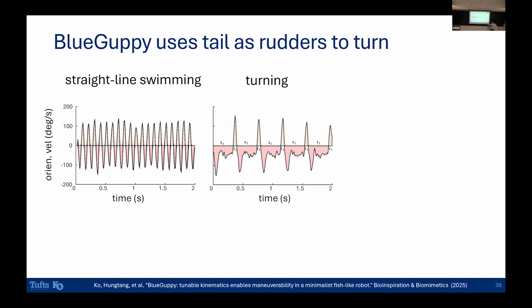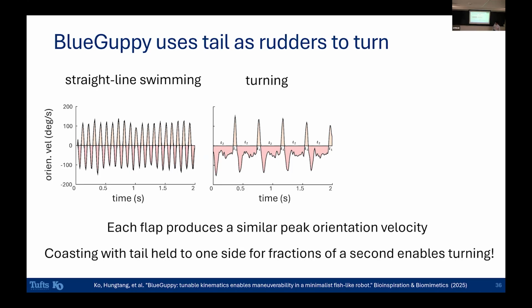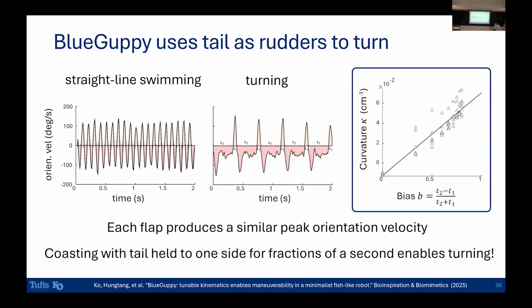The difference comes from the in-between, where you hold your fin on one side very temporarily as a rudder, and that is essentially enough to cause the turning. And we can collapse the data this way by plotting the curvature, which is almost a non-dimensional quantity, versus this bias, which is also a non-dimensional quantity, and you can see that they align very well here.